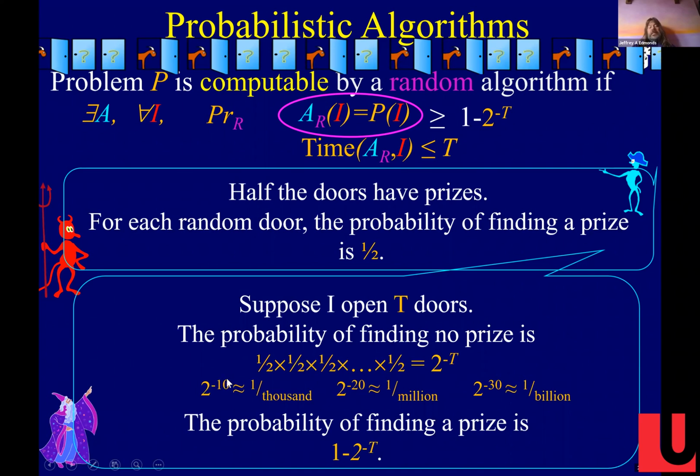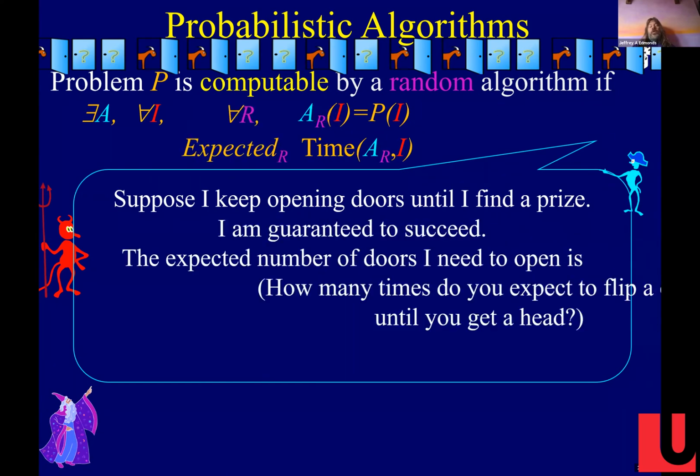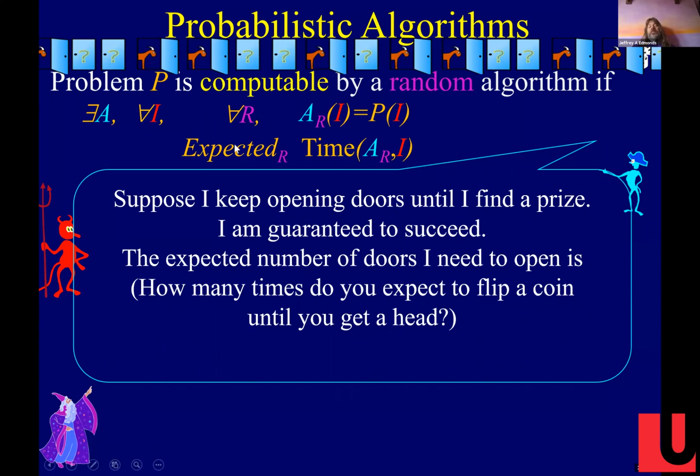So then the probability that we find a prize is 1 minus 1/1000th. But in this time, we keep opening doors until we find a prize. So for every coin flips, we are going to find a prize. Even if it means we open up half the doors, we will find a prize. But our expected running time is 2. Does that make sense?